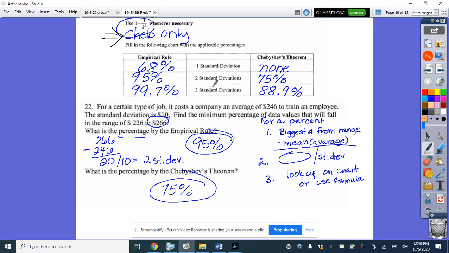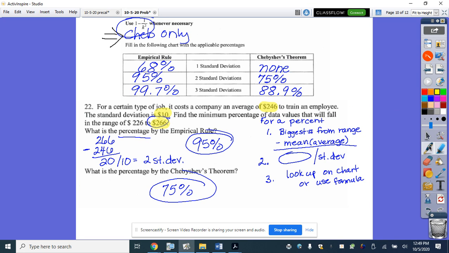So in this particular instance, I would encourage you, if you don't already, to go through and highlight your keywords. So I have the certain job, it is a company, an average of $246. I'm going to highlight that. I have a standard deviation of $10, so I'm going to highlight that. Now I need the biggest number out of my range.